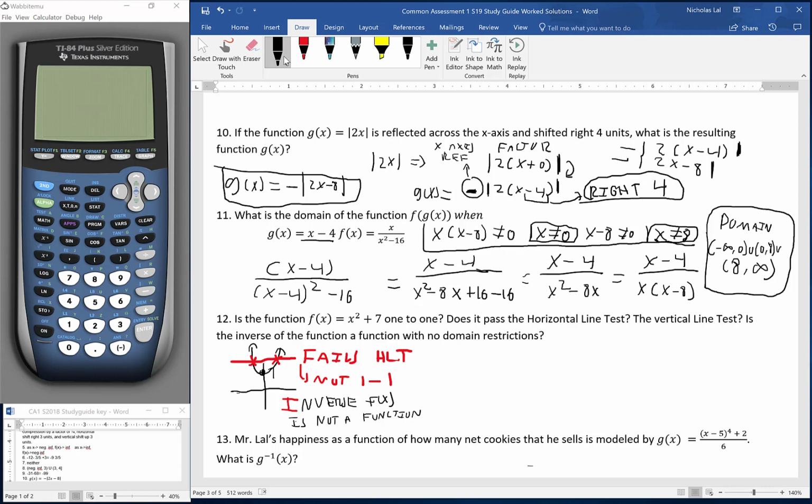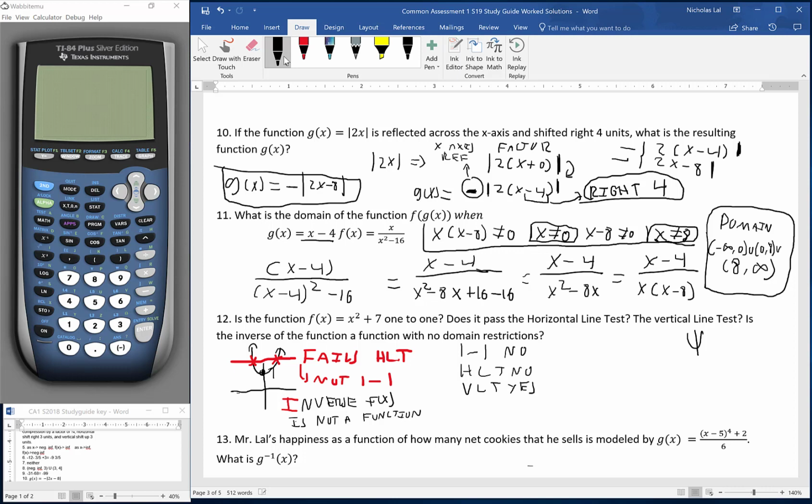But the original function does pass the vertical line test. So is the function one to one? No. Does it pass the horizontal line test? No. Does the quadratic function pass the vertical line test? Yes, it's a function, so it does pass the vertical line test.